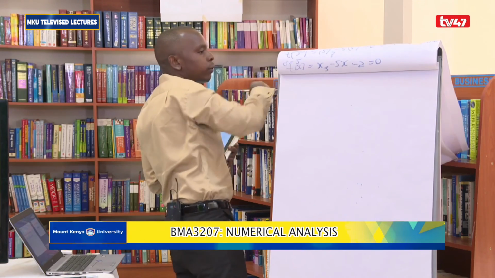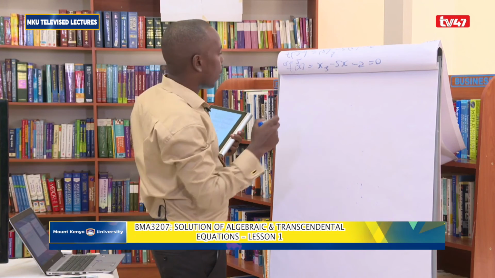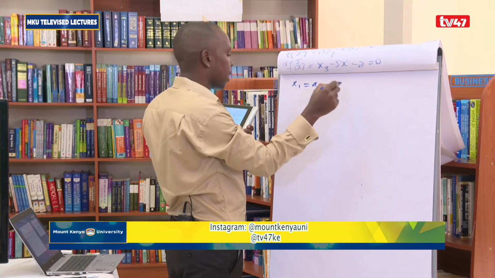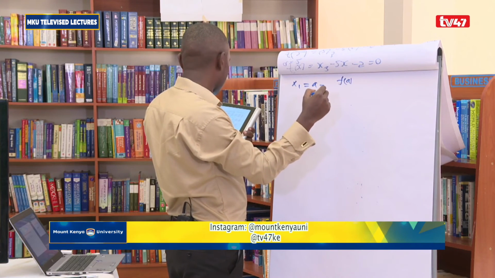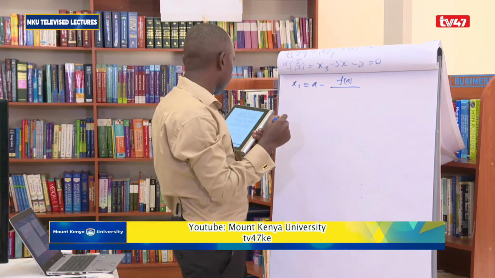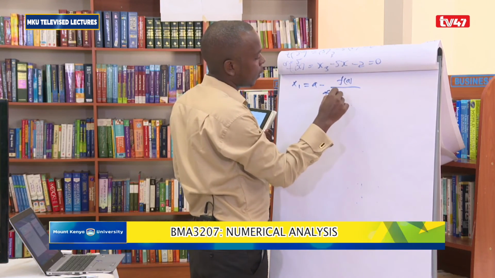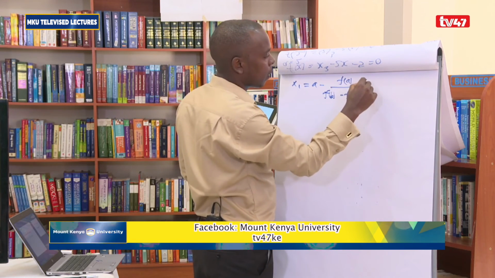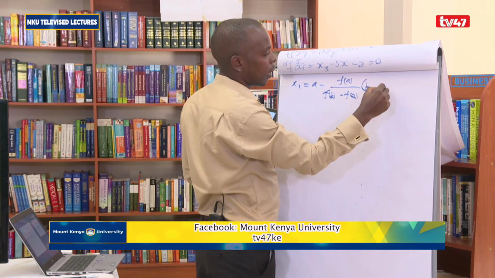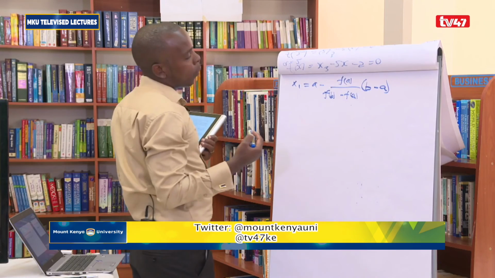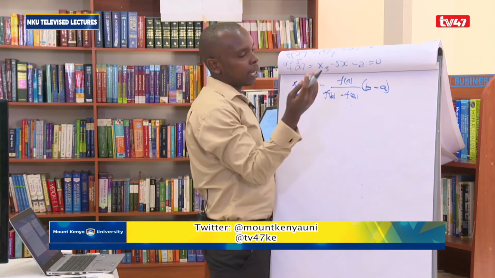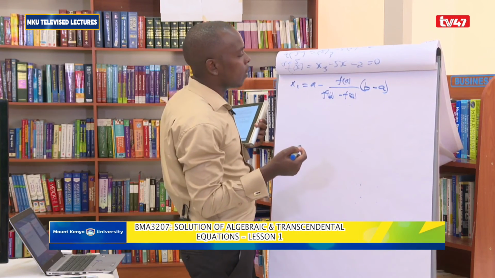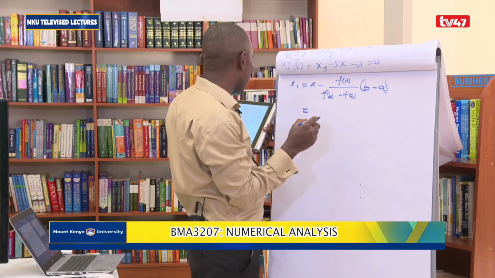Once you have the two values a and b, our first approximation will be given by a minus f of a over fb minus fa, times b minus a. But since we shall be replacing a and b depending on the sign of the corresponding approximation to the root, it is better to work with this.